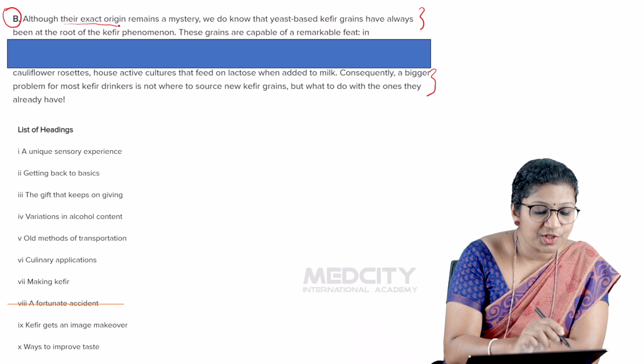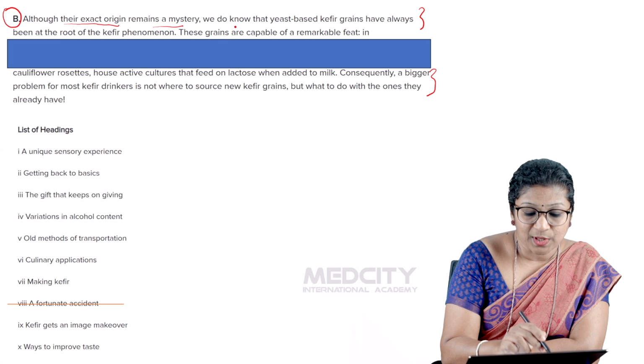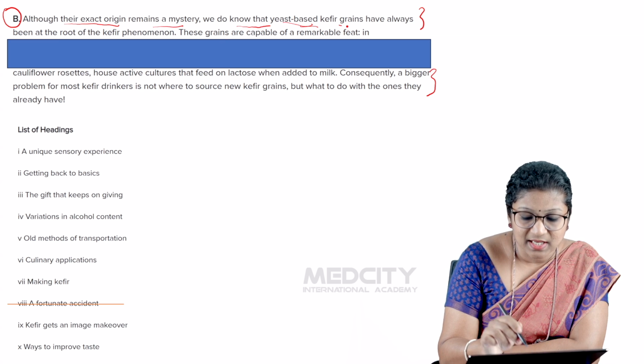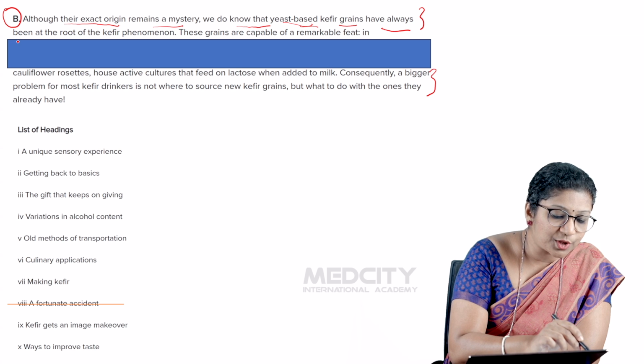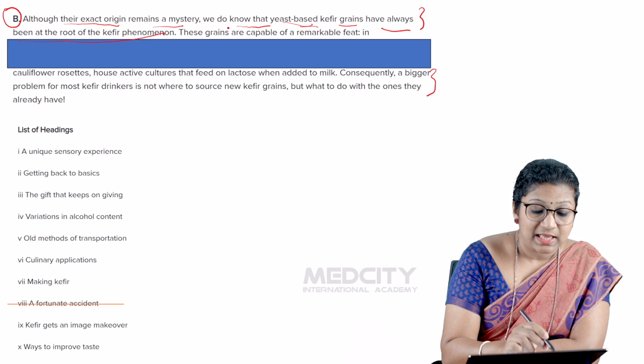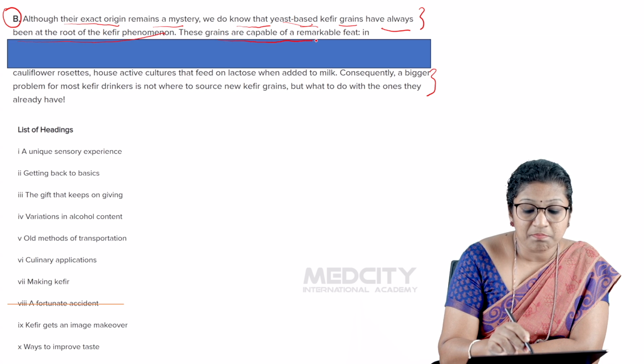Although their exact origin remains a mystery, we do know that yeast-based kefir grains have always been at the root of the kefir phenomenon. These grains are capable of a remarkable feat.